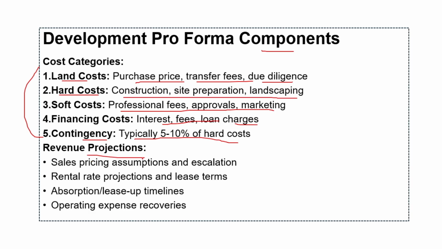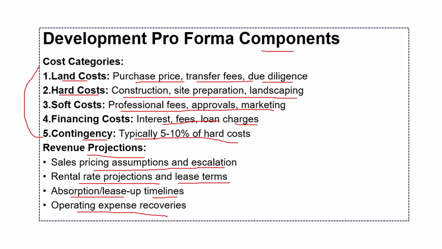And then revenue projection, so sale pricing assumptions and escalations we have to make. Rental rate projections and lease terms projection we have to make. What will be the absorption, lease-up timeline, all that we will have to project. And then operating expenses, what we will be facing when we want to operate.